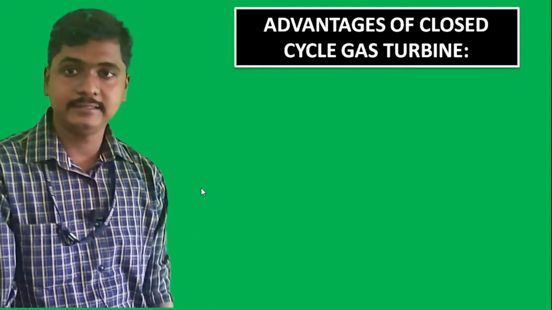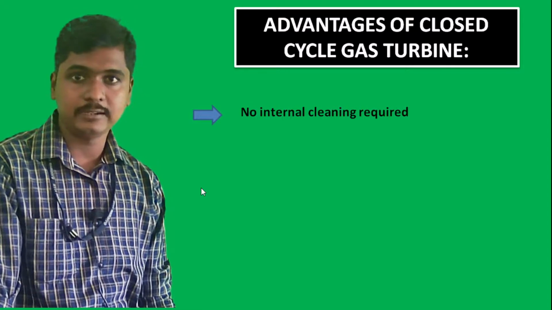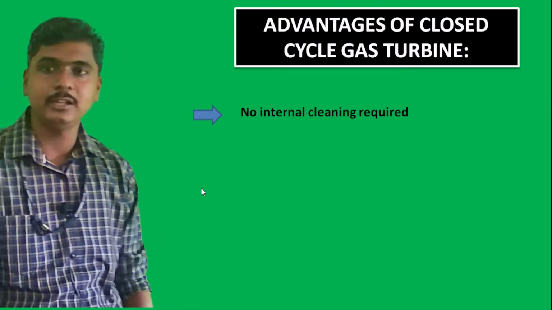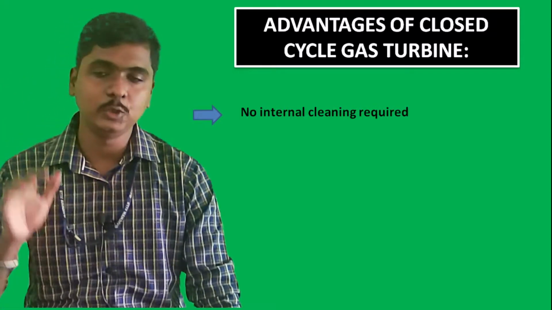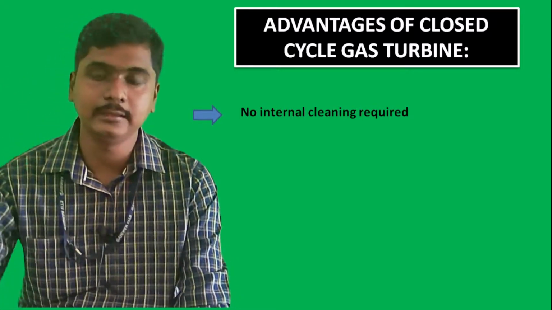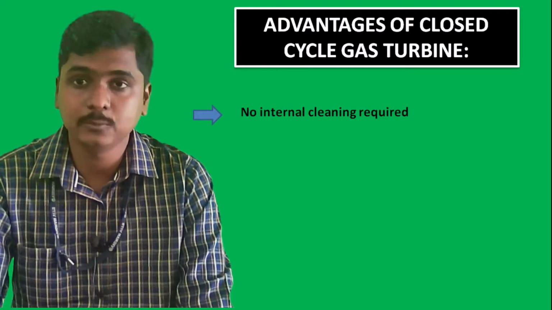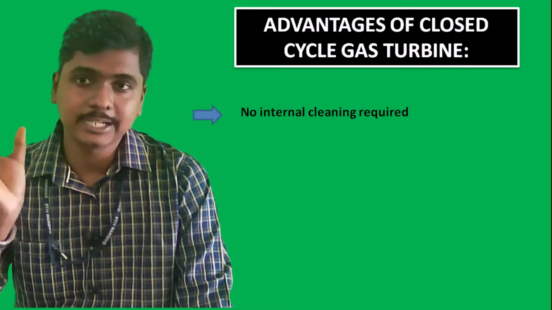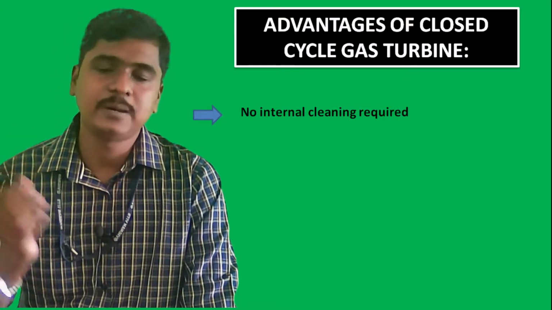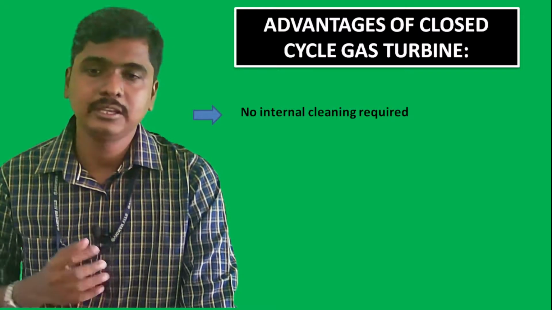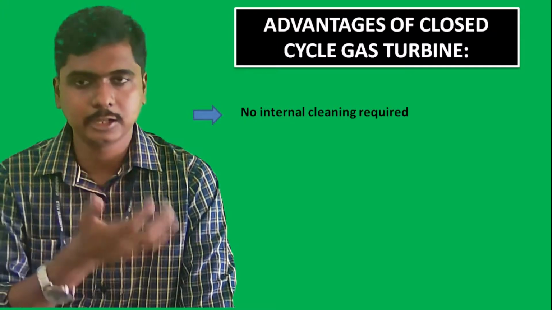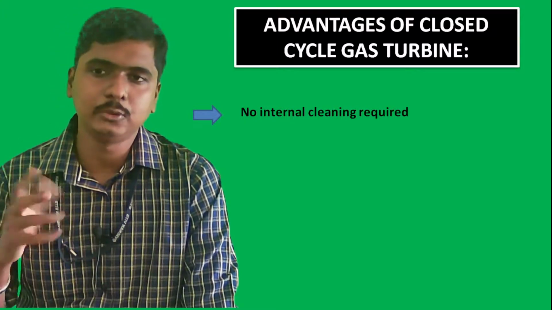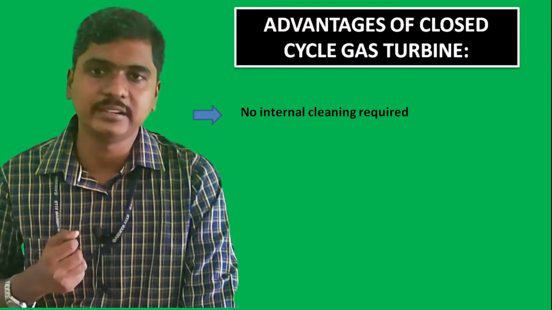Now coming to the advantages. As I have told you, there is no internal cleaning required because we are not drawing air from the atmosphere. In an open cycle gas turbine we are taking air from the atmosphere, so in the atmospheric air some dust particles and rust will be there. If those dust particles enter the compressor or turbine, they will hamper the components.